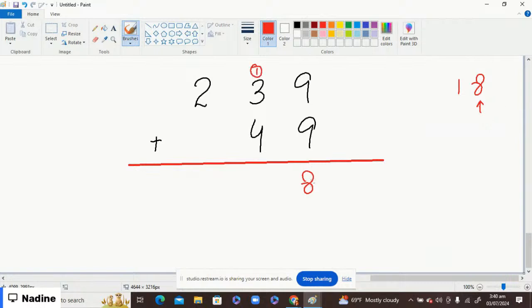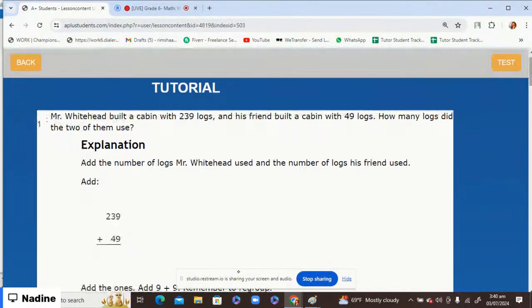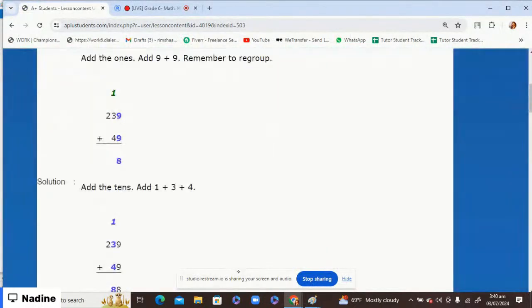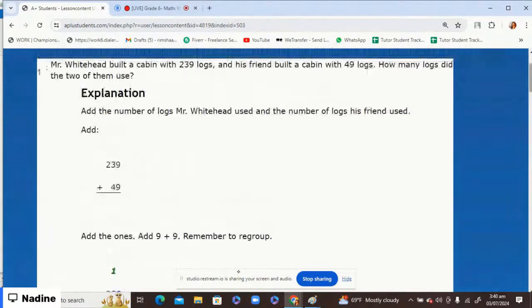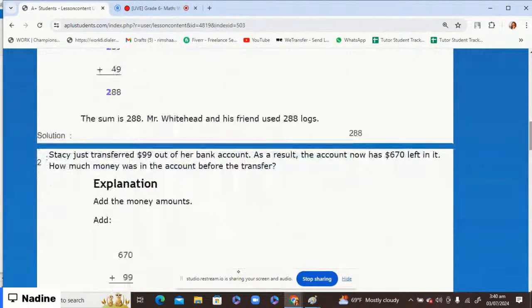Right place is always put in the bottom and 1 is on the top. 1 plus 3 plus 4, that is 8, and 2 as it is because it's nothing. It means that that number is as it is. So here is 288. Okay, so the total logs the two of them use, the answer is 288. Okay.